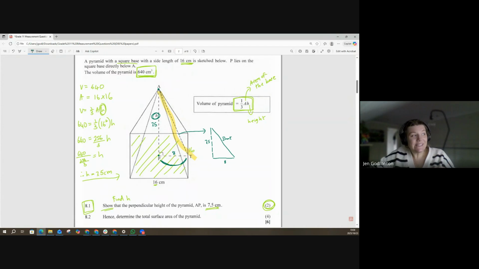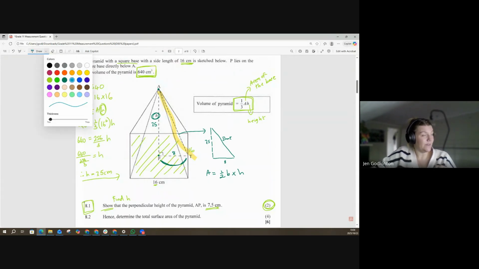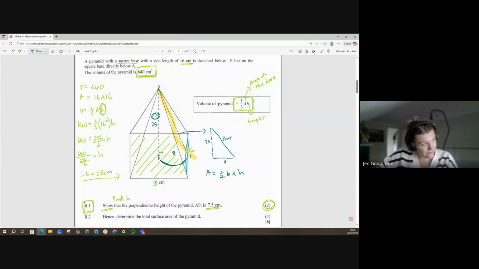Now, the reason that we might want that slant is because if we're trying to find the area of a triangle, the area of a triangle is half base times height. So in our situation, because there's going to be 4 triangles that we're going to add, this is the base of our triangle, and this is the height of our triangle.